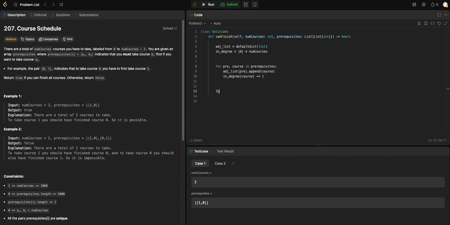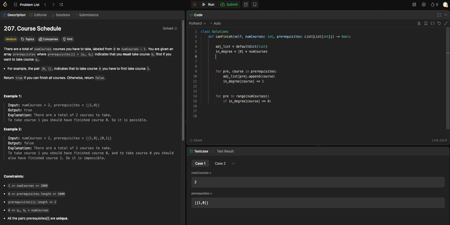In the next step, I find the courses with in degree 0. For course in range of number of courses, if in degree of course is equal to 0, append it to a queue.